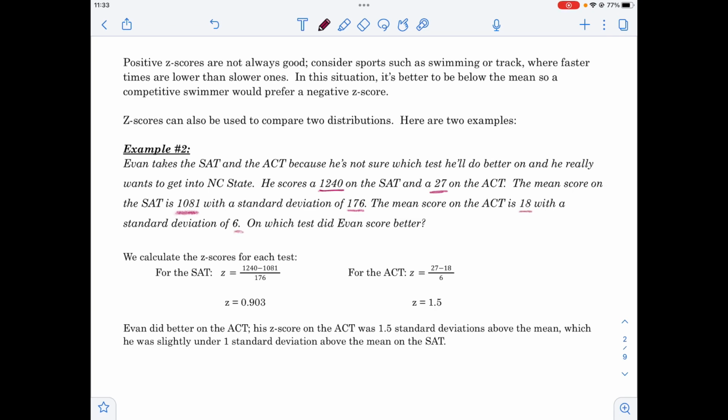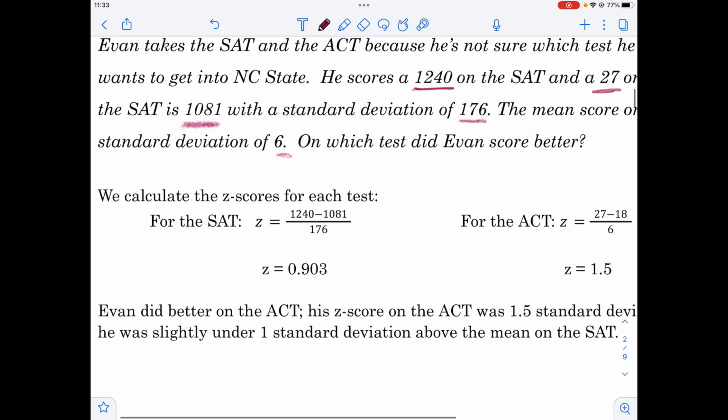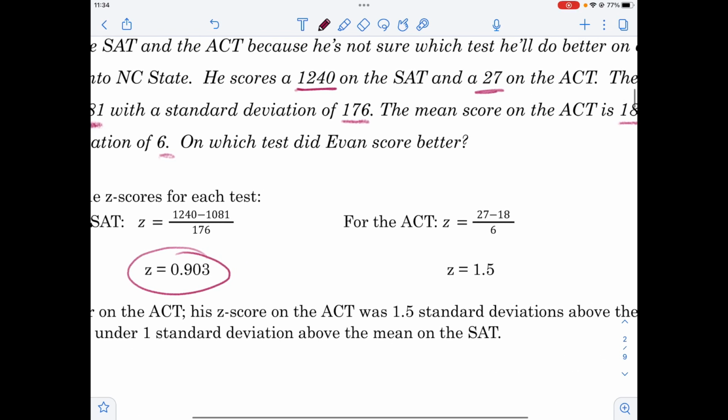So for the SAT, his score was 1240 minus the mean, divided by the standard deviation, and we get a z-score of 0.903. For the ACT, we do the same thing, and we get a z-score of 1.5. If we put these on the same bell curve, we have a 0 here, and our 1 and 2.